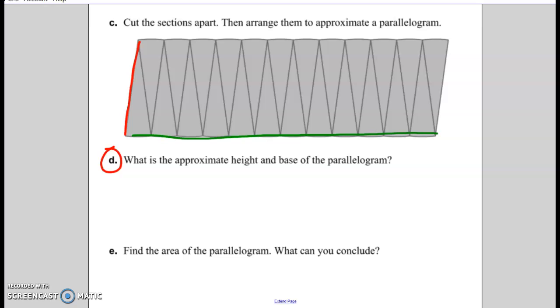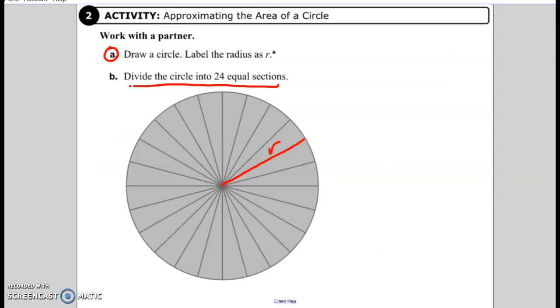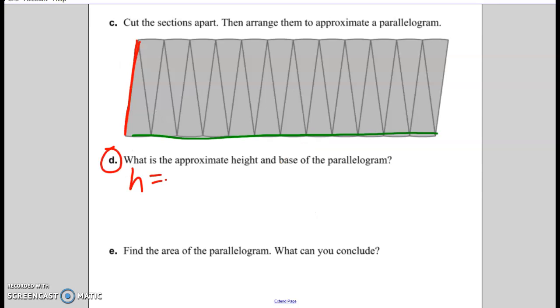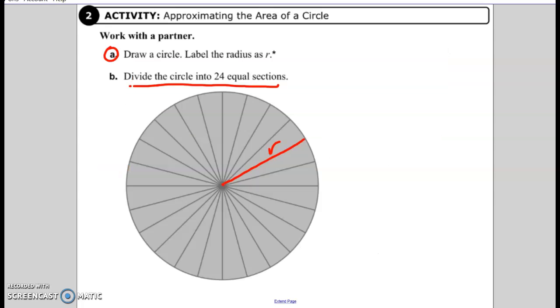Okay, and so I want you to tell me, what is this from this picture? Not what is its measurement, but what part of the circle is it? And also, what is this? Again, not its measurement, but what part of the circle is it?